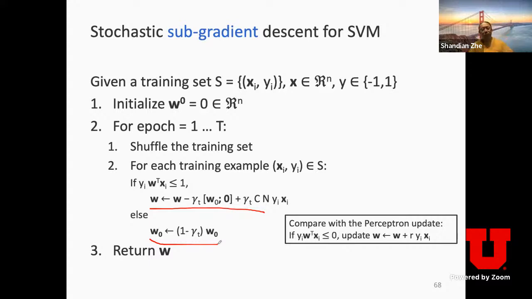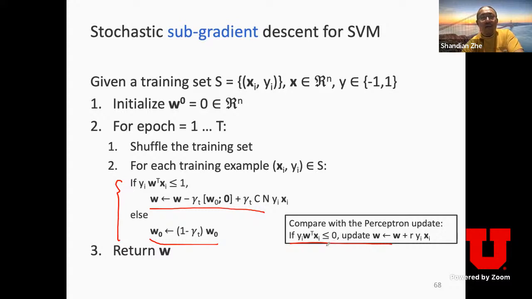So now let us recall what the perceptron does in the update. We can see that the outer operations are all the same. The only difference is how we update W when we process each example. This is the perceptron. We just look at whether we're making a correct prediction.